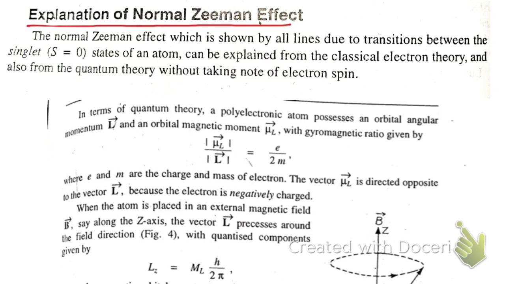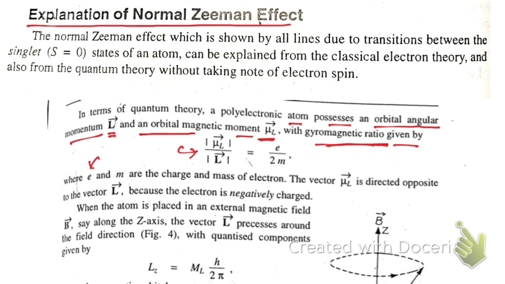In terms of quantum theory, an atom possesses an orbital angular momentum, that is L vector, and orbital magnetic moment, that is mu L, with gyromagnetic ratio given by this, which is equal to 2E by M, right? This is called gyromagnetic ratio.